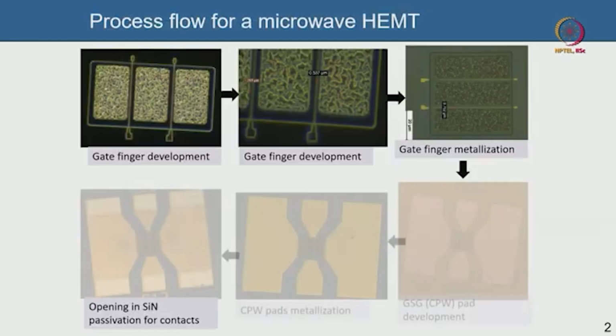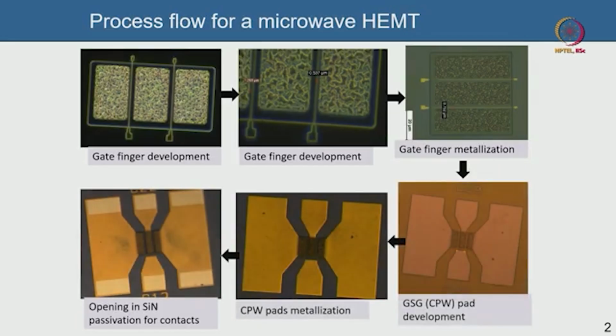If you look at these images, these are from our group's research at IISc, for instance, a single transistor. This last image that you see here is of a single RF transistor on wafer. So it is on the semiconductor wafer, and this layout looks peculiar because you have a ground pad, and then this is a signal.